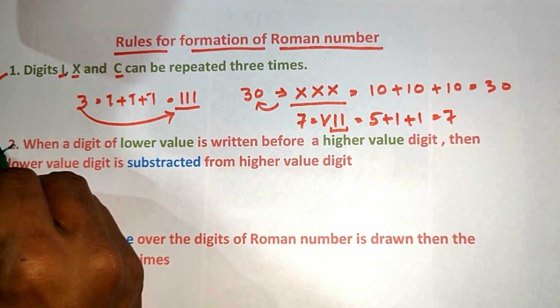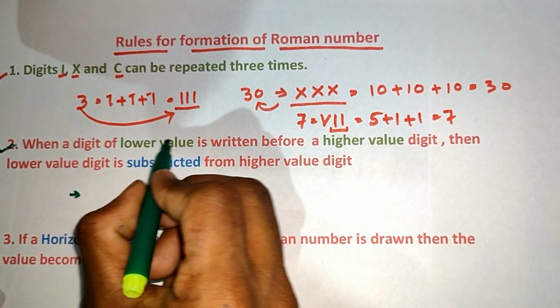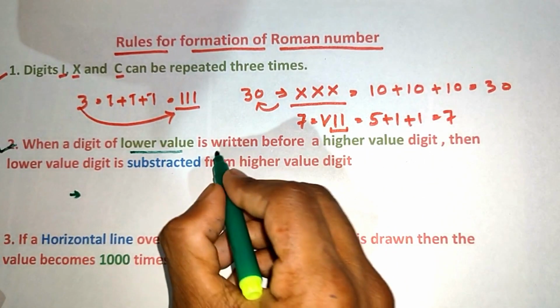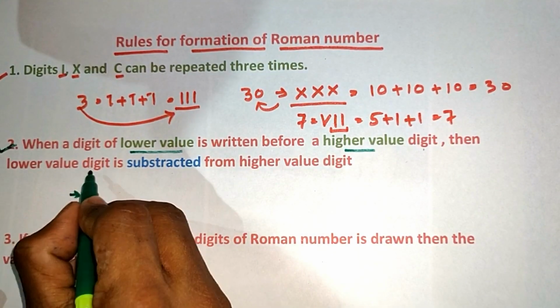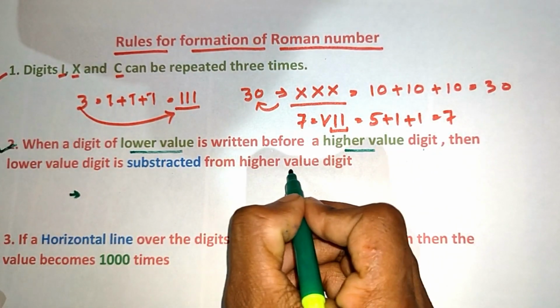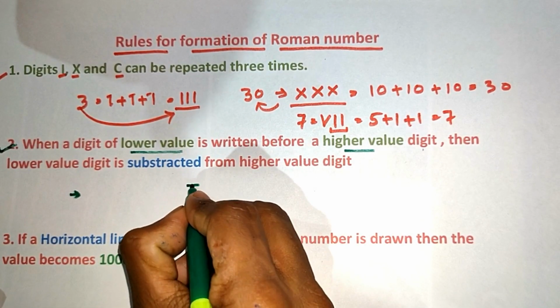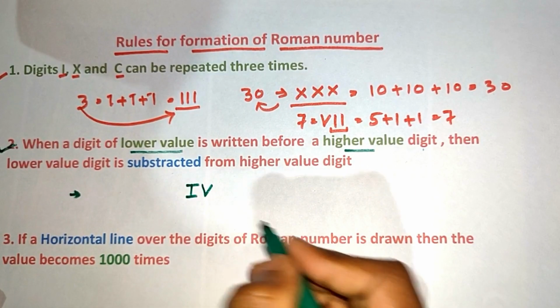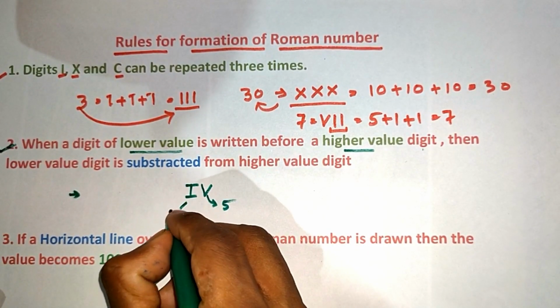Now rule number 2. Rule number 2 is when a symbol of lower value is written before a higher value symbol, then the lower value is subtracted from the higher value. If it is written as I and V, we know V represents 5 and I represents 1.